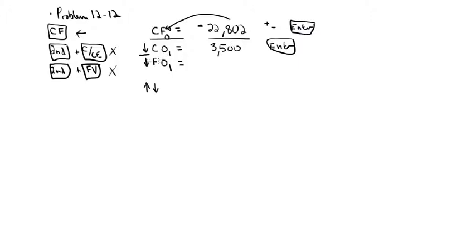And now, what's the frequency? According to this, the machine will provide $3,500 per year in cash flow for 9 years. So I'm going to arrow down until I see F01, and then type 9 and enter.